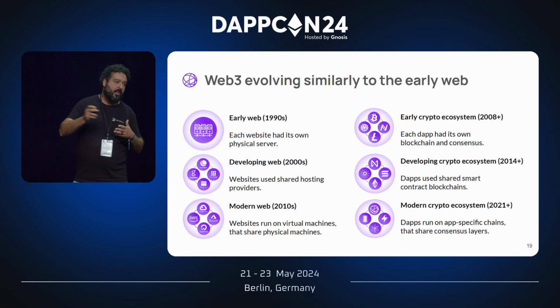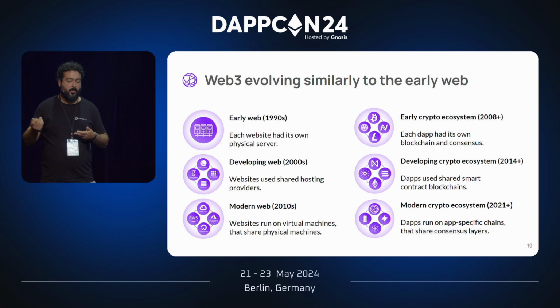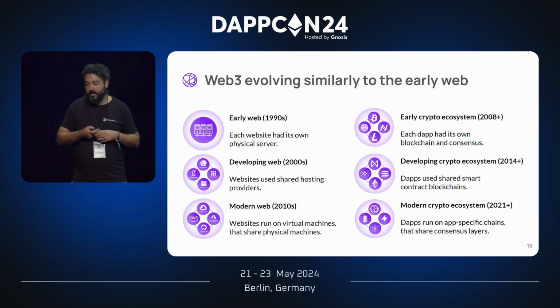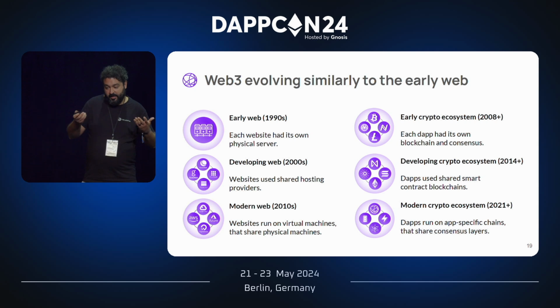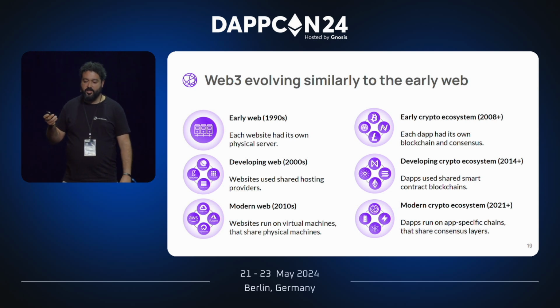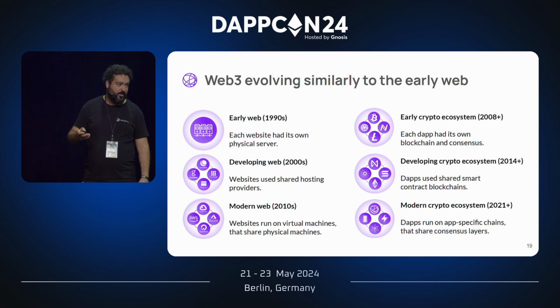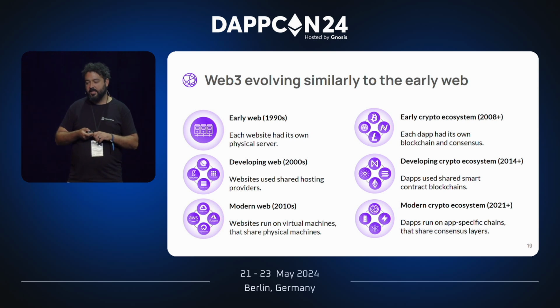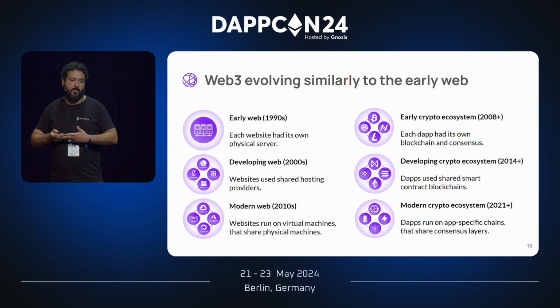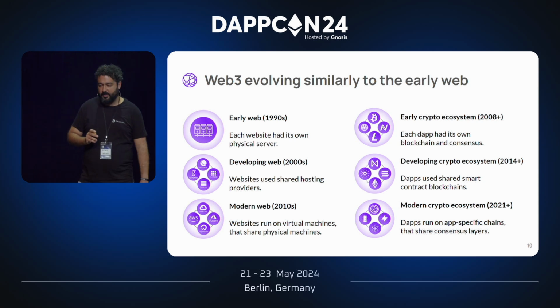And similarly today, we see this evolving in the crypto ecosystem as well, like in Ethereum and in Celestia, where dApps run on application-specific chains that share consensus layers, right? Like Ethereum rollups, or Celestia, where every application is built on Celestia. And we see that this paradigm is used more and more in the modern crypto ecosystem.